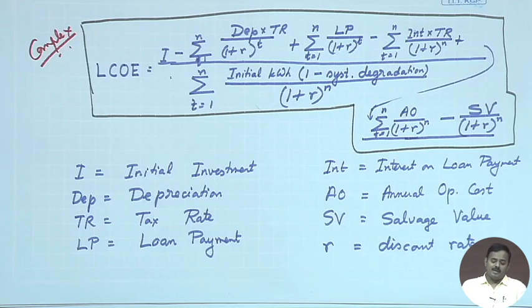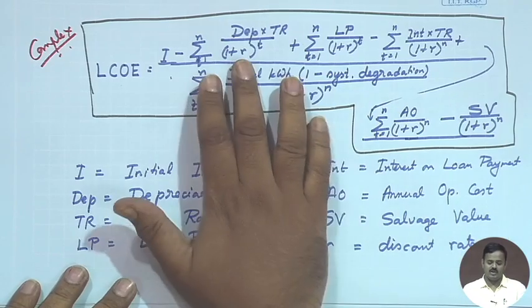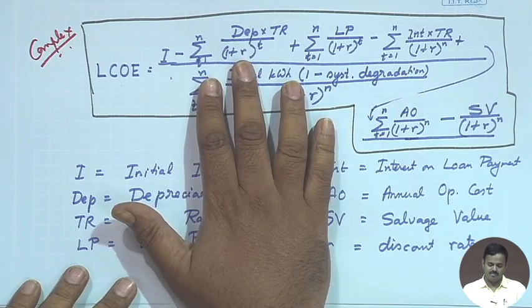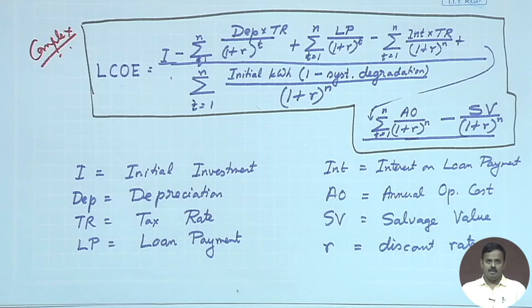The other guy may come and use a simple formula, he does not take into account his depreciation, he does not take the tax rebate due to interest on loan payment, he just shows the loan payment and says that the cost is going to be high. He also says that my system is going to degrade with time. So, he is being very honest and very fair, and he is considering all this.